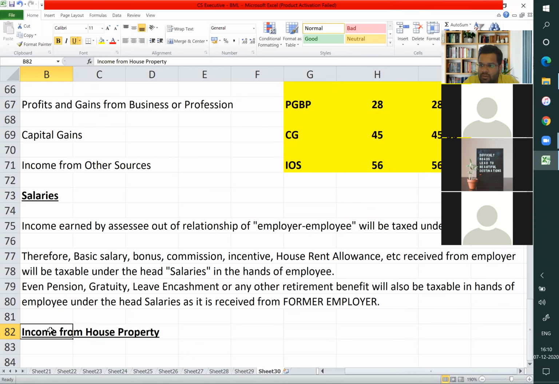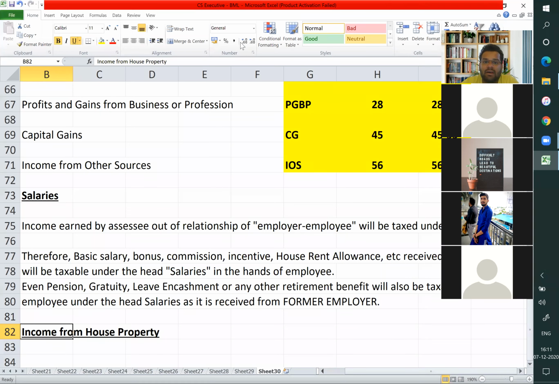But I will just modify this. You all have said rental income, which is on the correct track. But I will modify it and say: annual value of property which is owned by the assessee is taxable under the head house property.